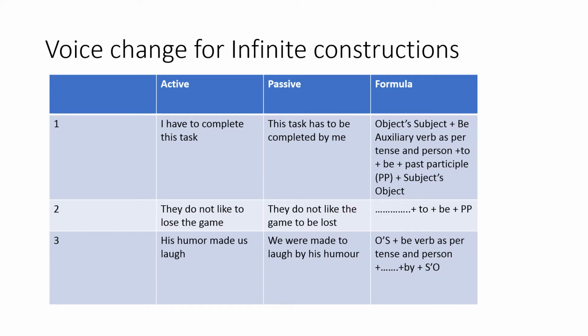So "I have to complete this task." According to our rule, "This task has to be completed by me." That's the correct form. Have you understood that? Now let's go to the next one.